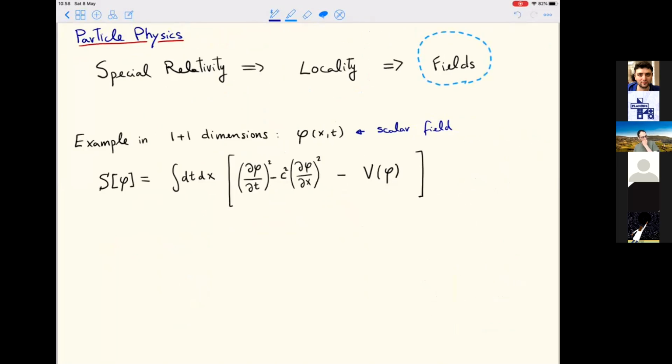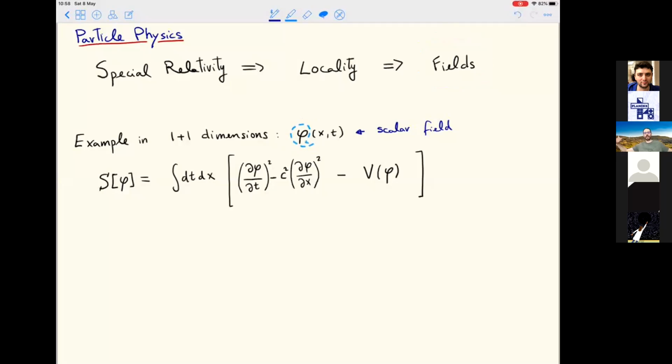Okay. And here I wrote the simplest field theory. I wrote a field, a scalar field, that only depends on one coordinate x and time. This is not a full field for 3+1 dimensions where we live, but it's a good model. For example, you can think of this field phi as the height of a string, right?